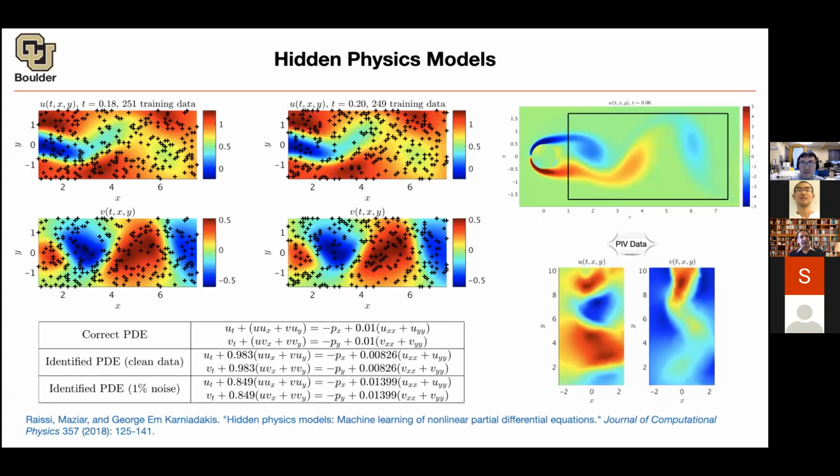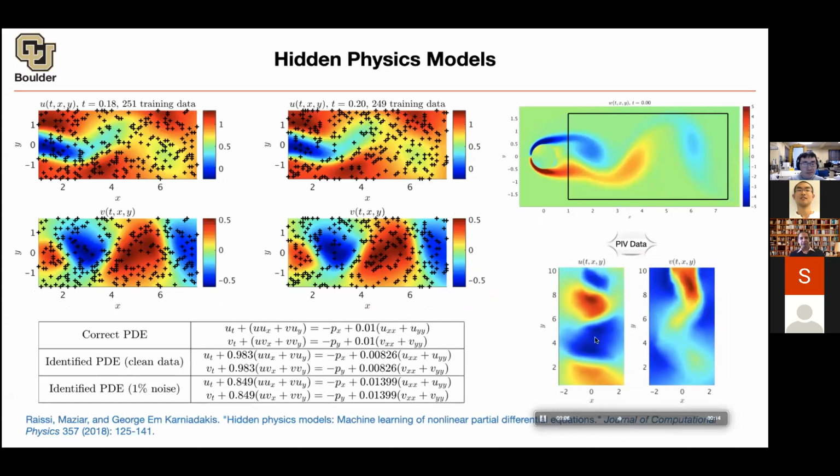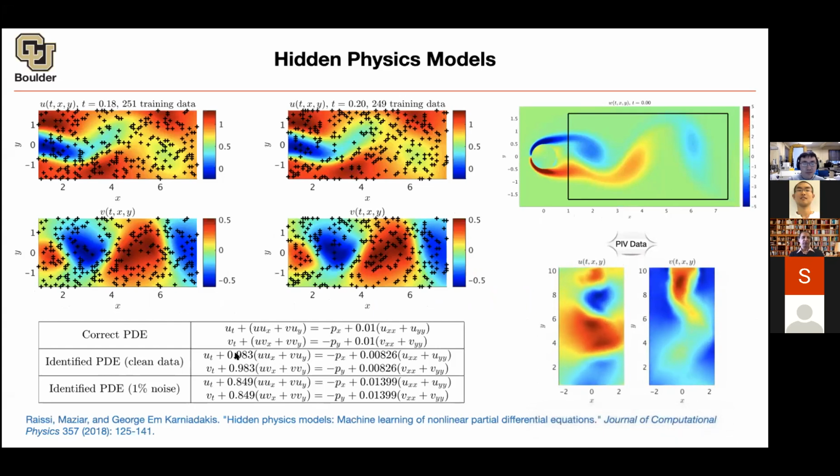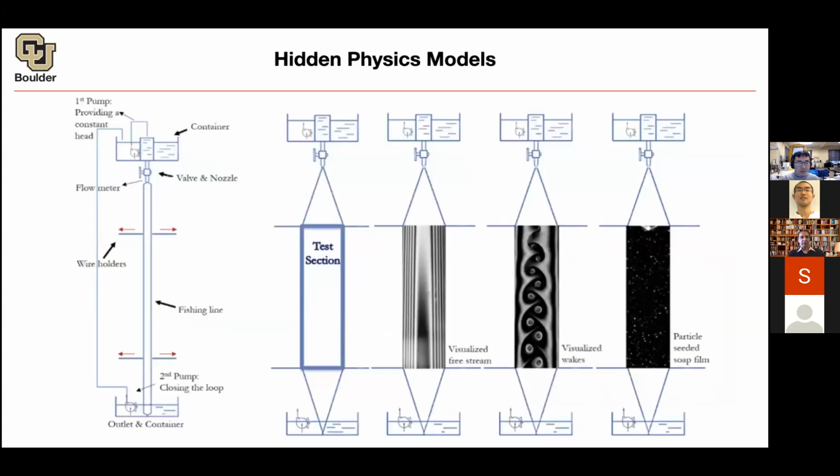You can apply the same framework to Navier-Stokes equations, flow past the cylinder, and then estimate the Reynolds number in addition to the advection coefficient. We tried to apply that framework to real data, an actual experimental data set, and the framework failed for good reasons, because the physics here matters.